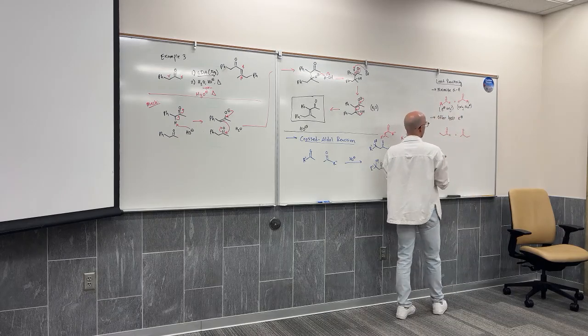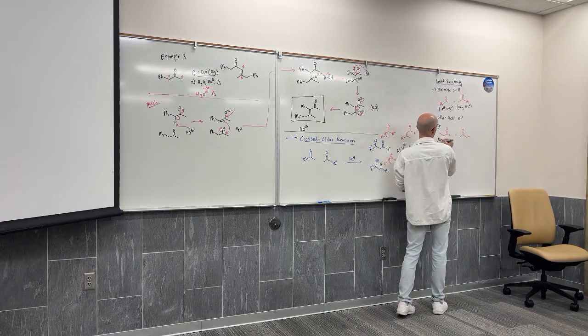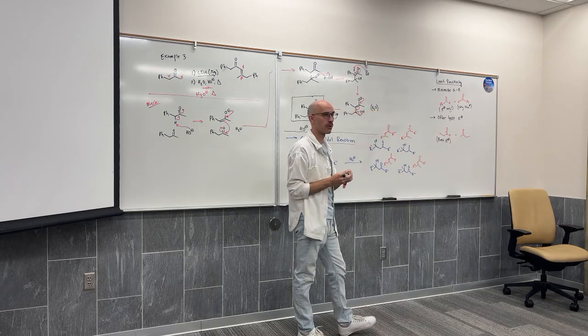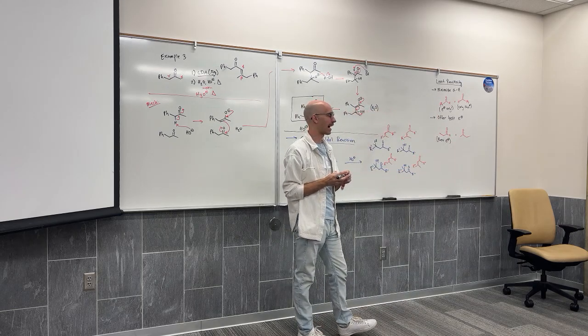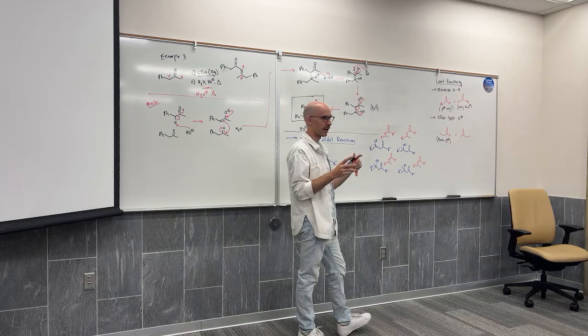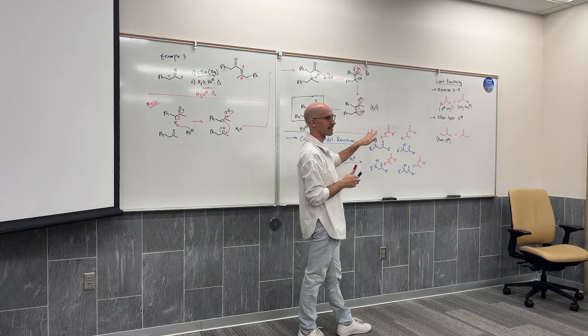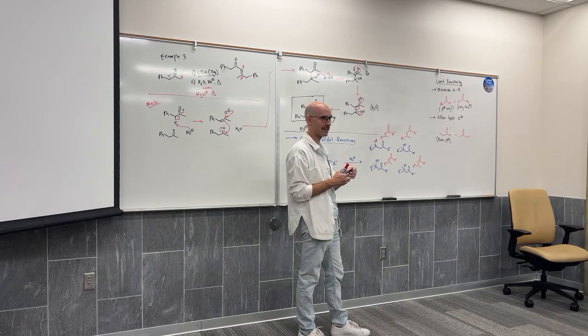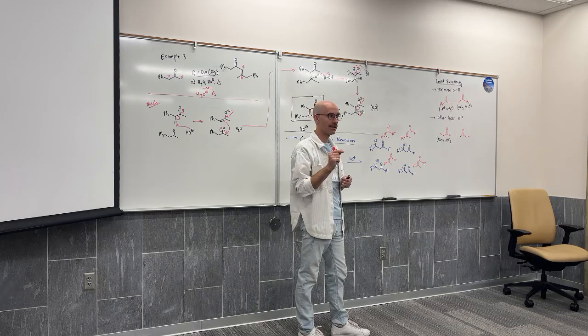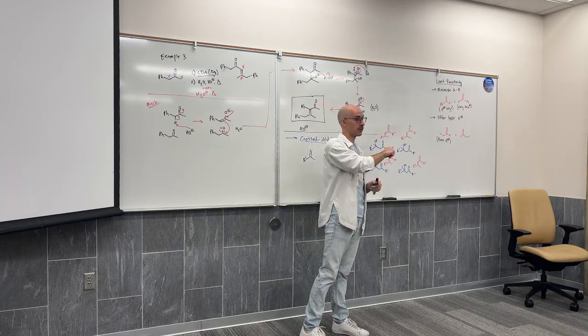So this is the best electrophile. That means it's most likely going to be the one that gets attacked. In fact, I'm sorry, I want to make another change. I don't want this to be propanal like I have it, because propanal is more acidic than 2-butanone.